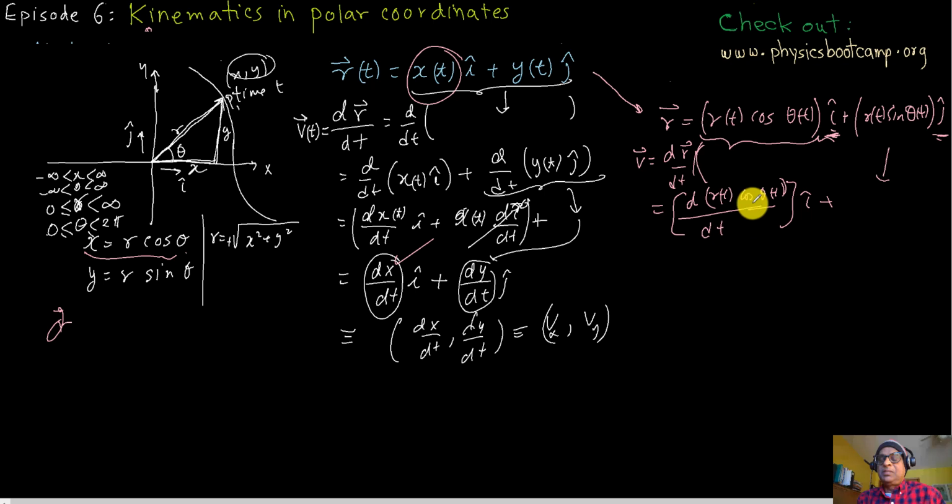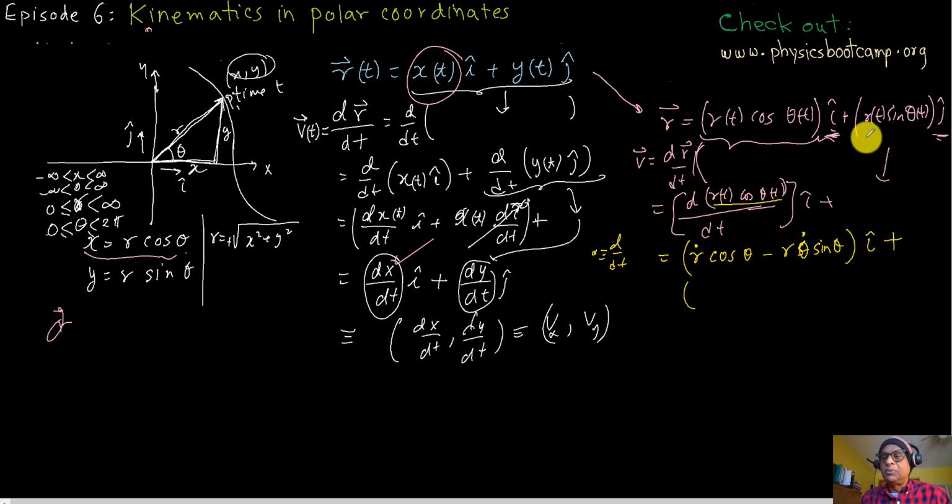Now this is going to be pretty messy, so I'm going to use dot for d/dt. Then this will spread out, and you can have r dot cosine theta minus r theta dot sine theta, i hat, plus r dot sine theta plus r theta dot cosine theta, j hat.